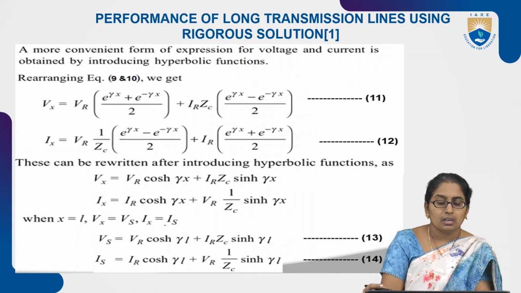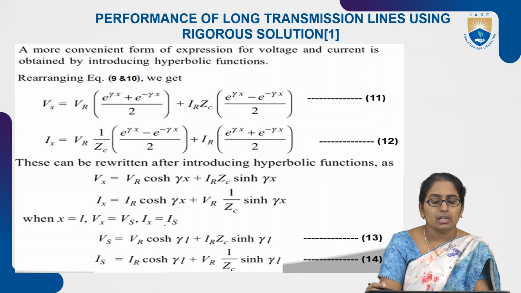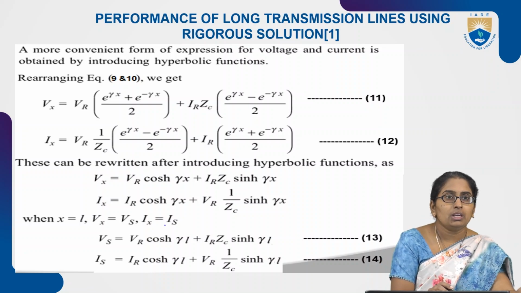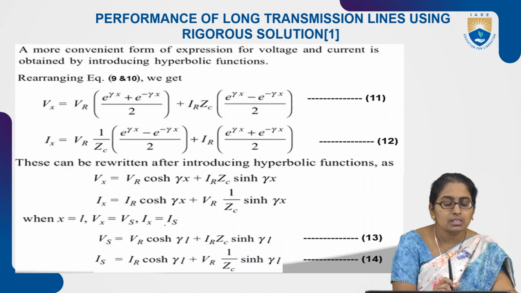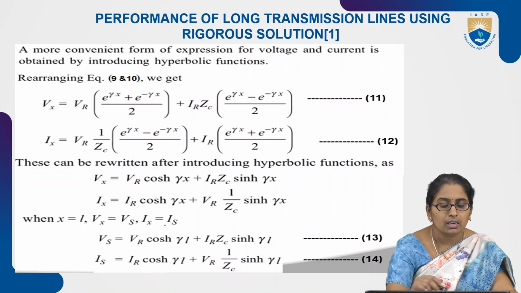So the equations are written only in terms of VR and IR. That is how the transmission line voltage and current equations are written in terms of VR and IR.